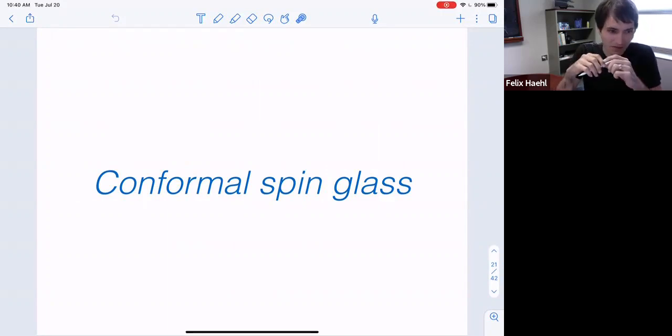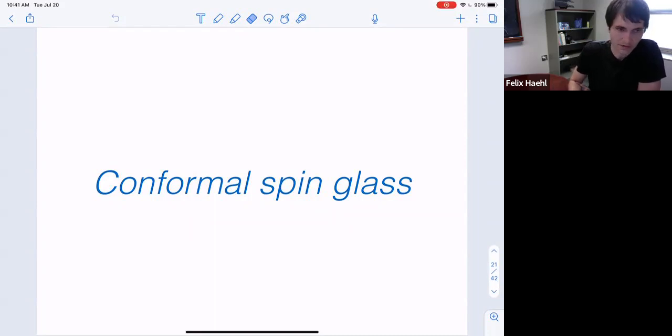Okay, so just to recap, I'm now going to talk about the spin glass phase, where the replica symmetry is broken and this order parameter u is not zero, and I'm going to describe a conformal limit in that phase. I'm going to describe the low temperature regime of that phase, and we're going to discover a certain notion of an emergent reparametrization symmetry in the equations.